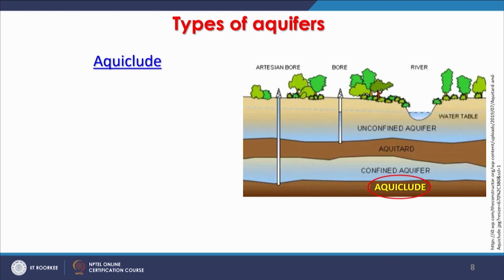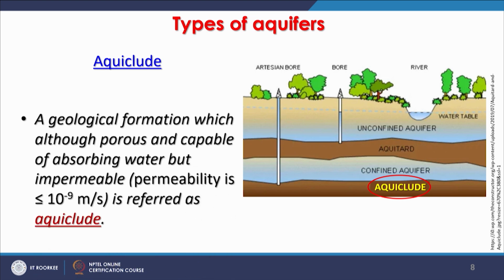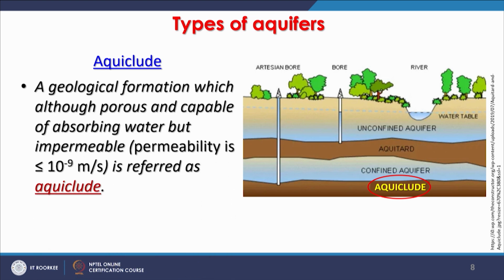Now, another type of formation is called aquiclude, which is again a geologic formation that may have porosity and is therefore capable of absorbing and storing water, but is impermeable. So, permeability is very poor, and if permeability is very poor, then they may have water but no movement can occur, and therefore these types of geologic formations are called aquiclude.